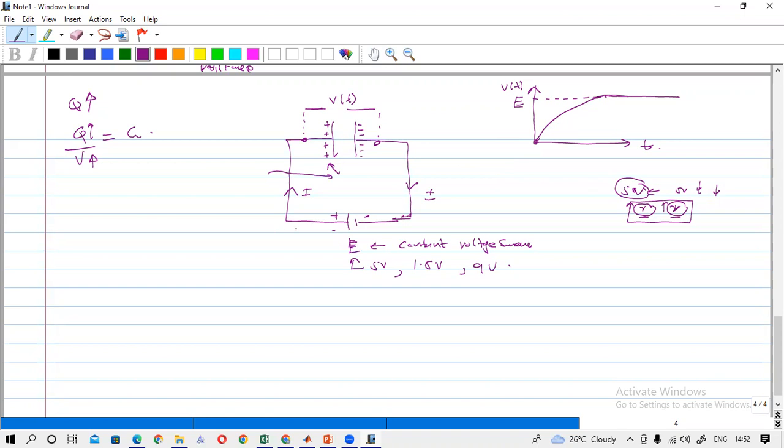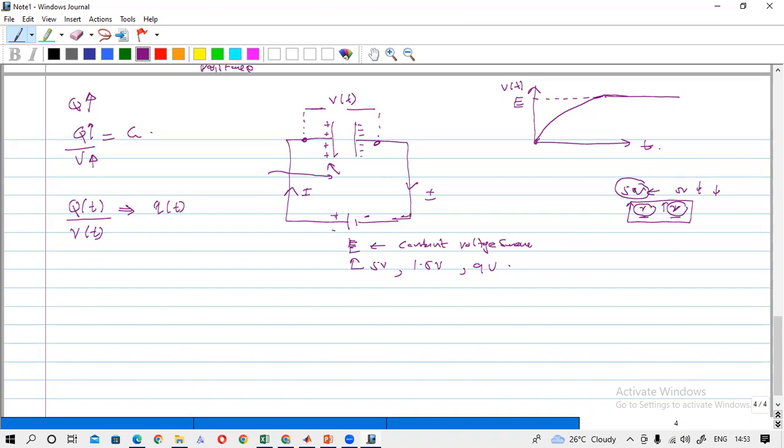So you know that Q divided by V, and you can see that Q is also increasing with time. So Q is a function of time, and V also increases with time, so V is also a function of time. So this Q and V are variables, and I denote them with simple letters. Don't be confused, these are just varying according to time.